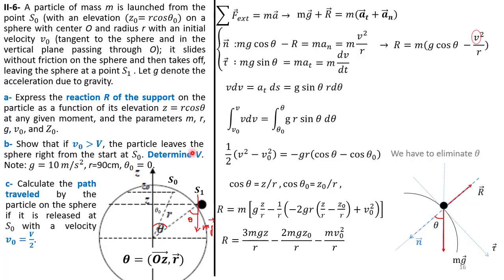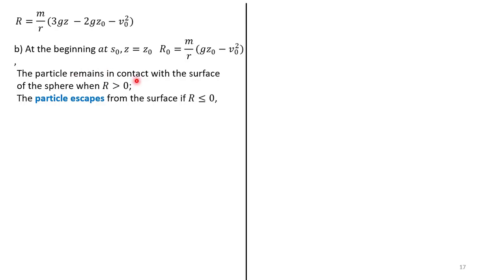So let's determine what is capital V. So the capital V, in fact, is the critical speed to be found. So in this question, how should we think? Let's express differently this sentence: the particle leaves the sphere. When does the particle leave the sphere, and when does the particle remain on the sphere? So the particle remains in contact with the sphere when R is positive, when the normal reaction is positive.